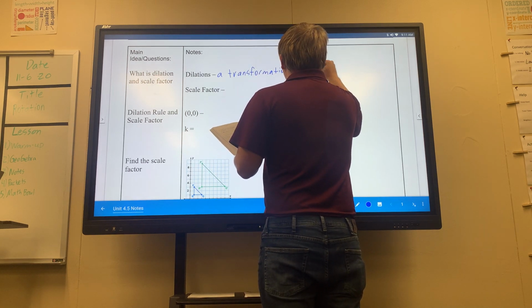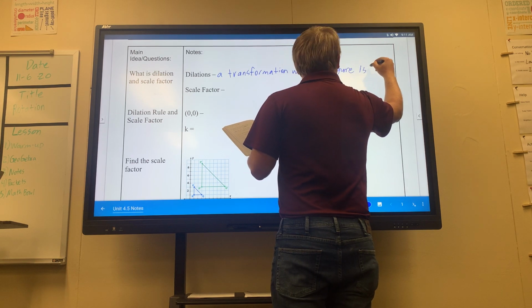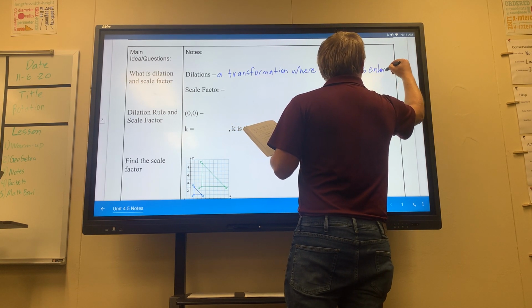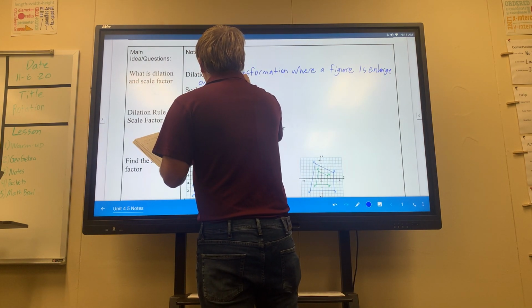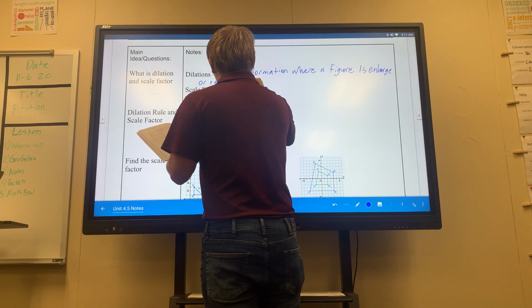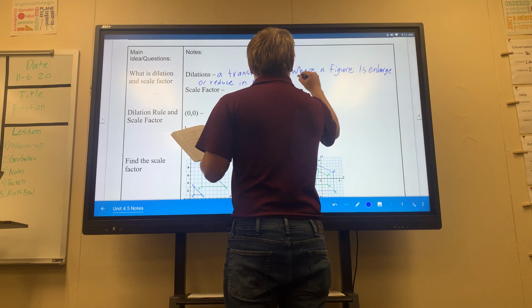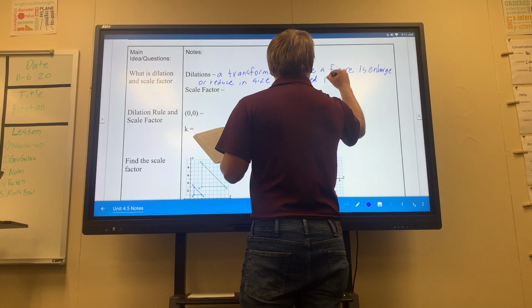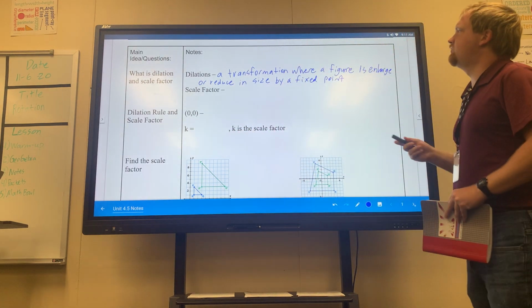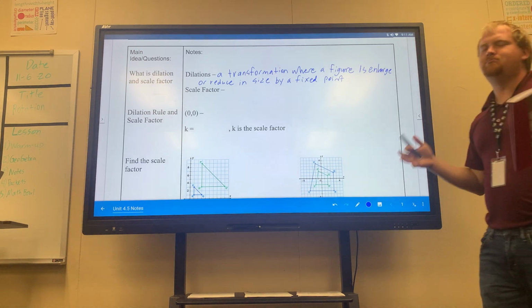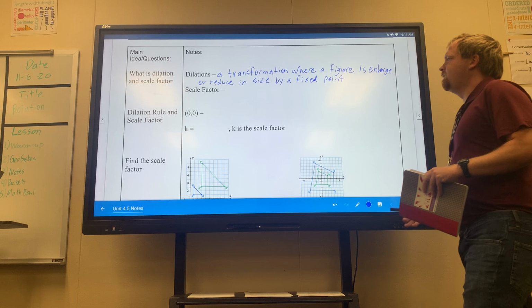Dilation is a transformation where a figure is enlarged, which means bigger, or reduced, which means smaller, in size by a fixed point.